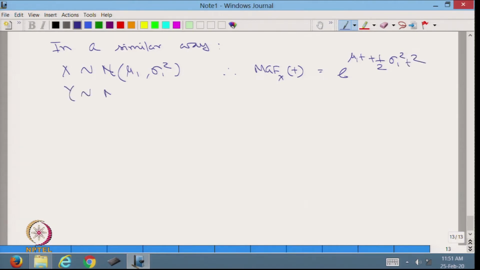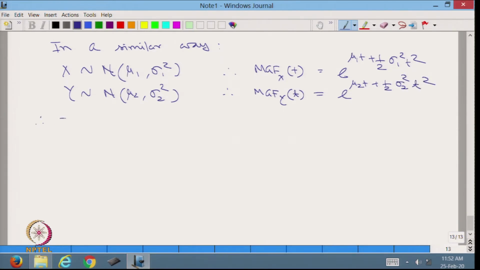Suppose y is normal mu 2 comma sigma 2 square, therefore, MGF of y is equal to e to the power mu 2 t plus half sigma 2 square t square.